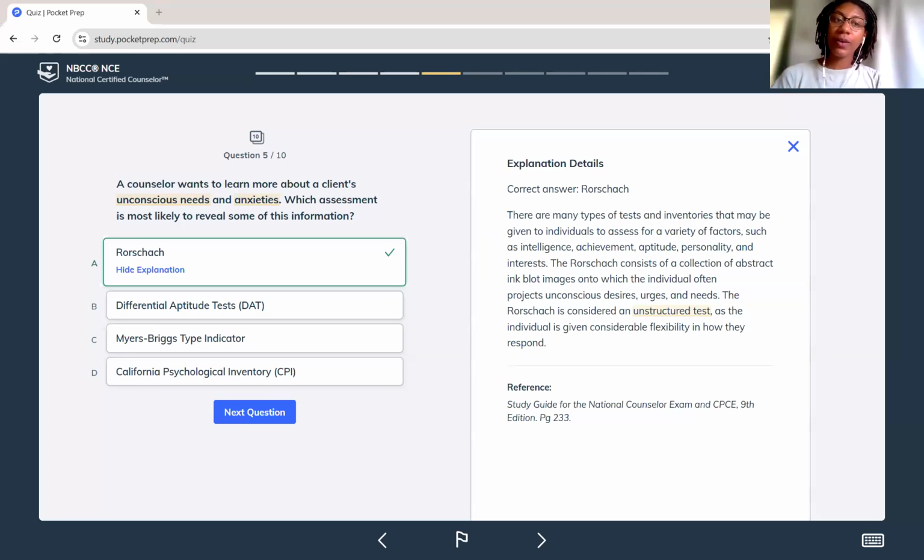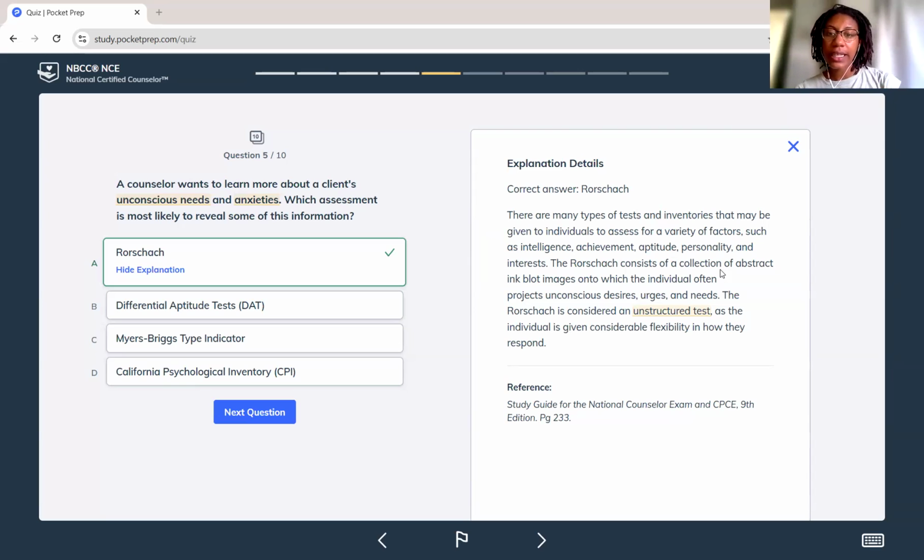At this point, you should be following a part 2 of a part 1 series. In part 1, we introduced the first 5 questions of our Quick 10 Pocket Prep questions. We explained a little bit of what Pocket Prep is, how to access it, and reviewed the first 5 questions. In this review, we talked about knowing why the right answer is correct and why the answer you thought, which might have been wrong, is wrong.